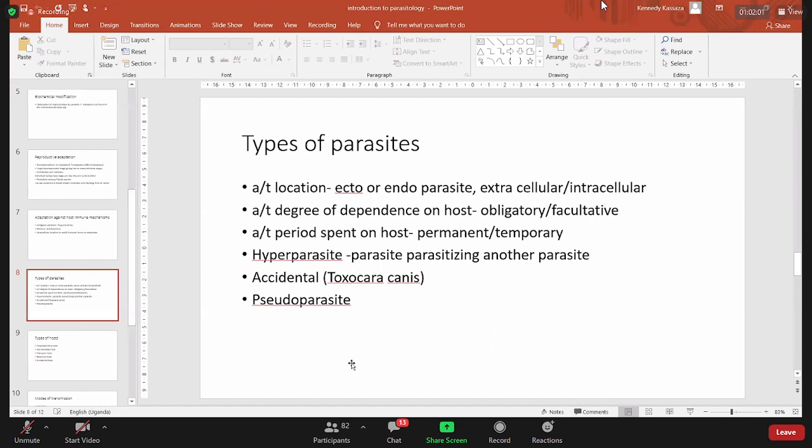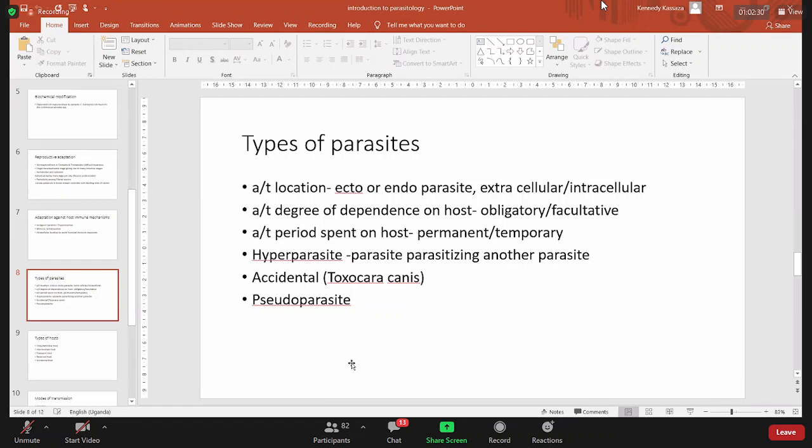They will survive if the host is present, but if it is absent, they can still survive. Then we can also classify them according to the period spent on the host. We have got permanent parasites, and the opposite are temporary parasites. They just stay on the host for a short time.